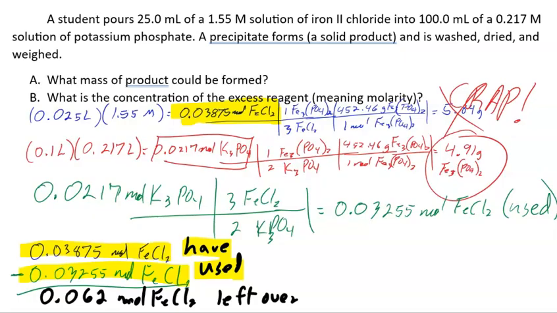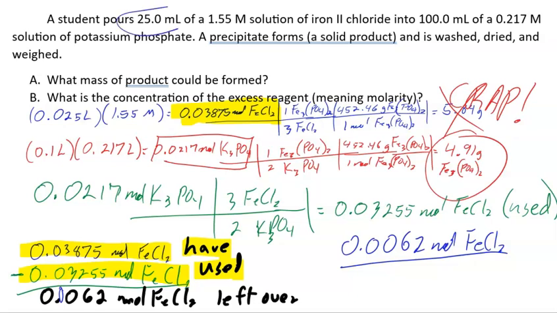Molarity is going to be moles over liters. So what we're going to do is grab the moles, which is 0.062 moles of the iron 2 chloride, and divide it by the volume, which is the total volume in liters. So we have 25 milliliters and 100 milliliters, that's 125 milliliters, which is 0.125 liters.